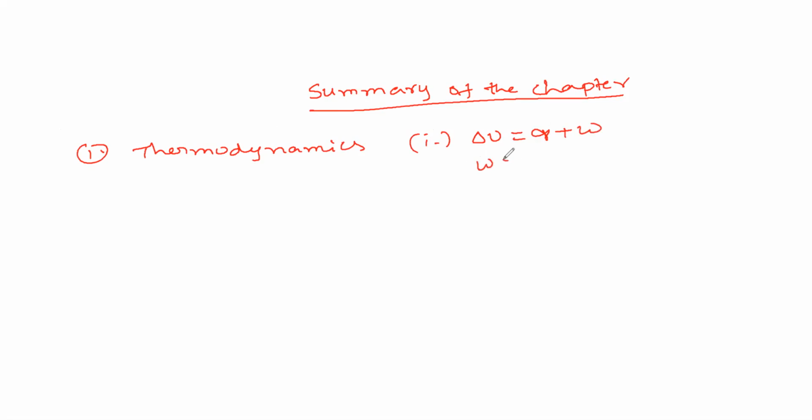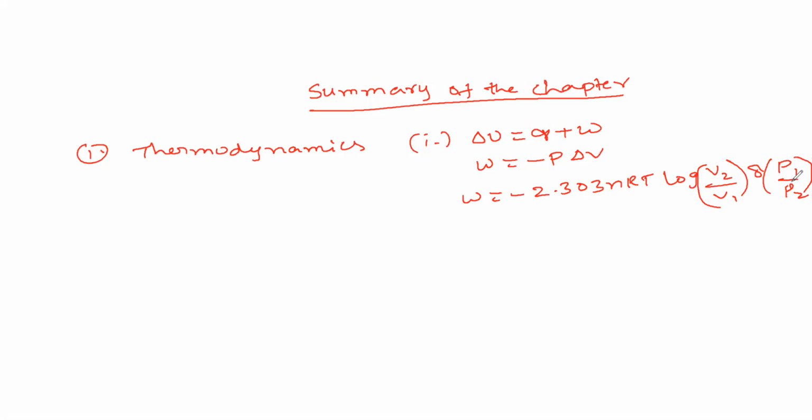Second one, W is equal to minus P delta V. And also for the isothermal reversible process, W is equal to minus 2.303 nRT log of V2 by V1, and nRT log of P1 by P2 in case of pressure. So both I'm combining here. This is the work done in isothermal reversible expansion.